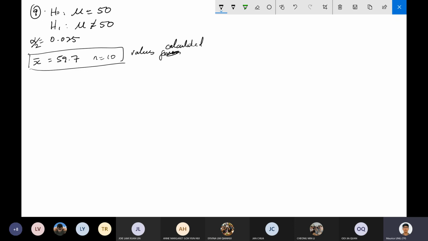Okay, so do you use the z-test or t-test? Z-test. Yes. Okay, so which means that you calculate the z statistic, you get about 3.01. Okay, the critical value for 0.025 equals 1.96.